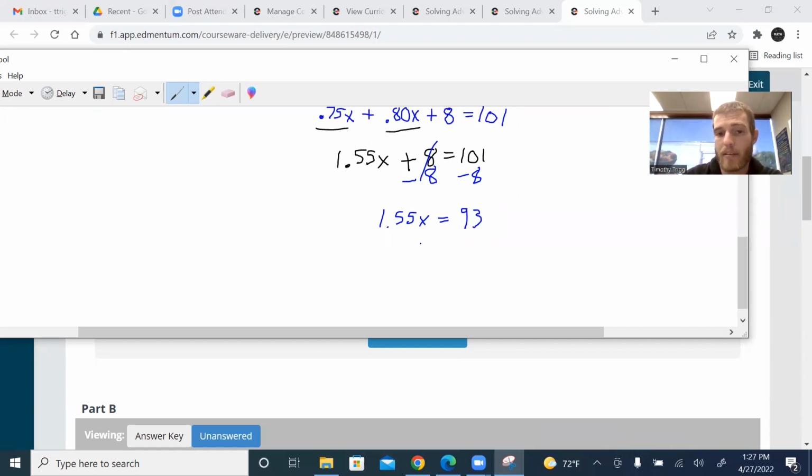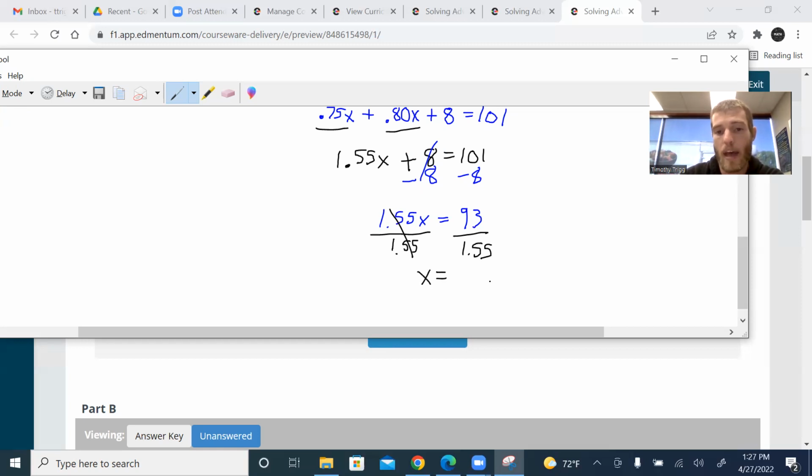Then to get x by itself, we're going to divide both sides by that coefficient. This coefficient in front of x, this 1.55x, means these are multiplied: 1.55 times x. So to cancel it, you divide by that coefficient, and you divide on the other side of the equation too.